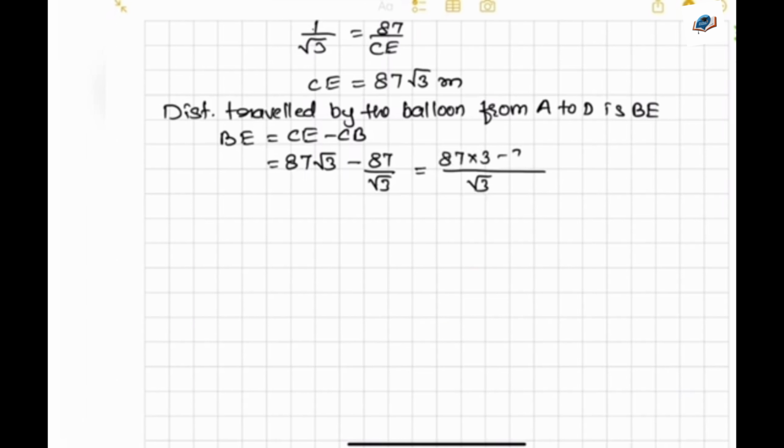So if we do LCM as root 3, it will become 87 into 3 minus 87. So that is 87 into 3 minus 1 upon root 3. So that will be 87 into 2 by root 3. Now rationalizing it, so root 3.